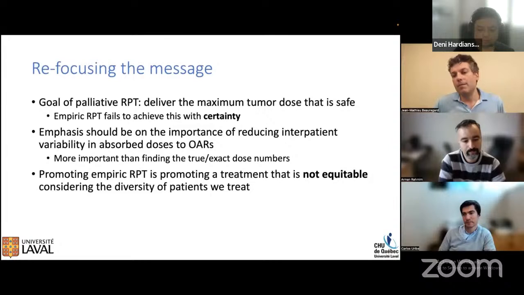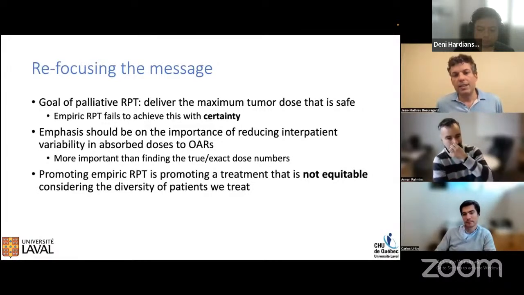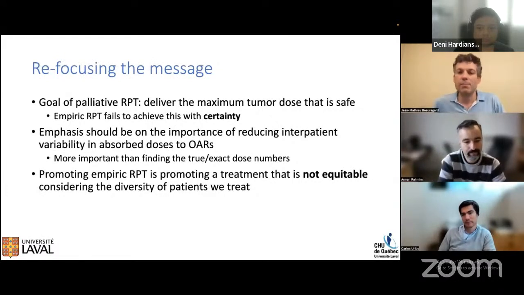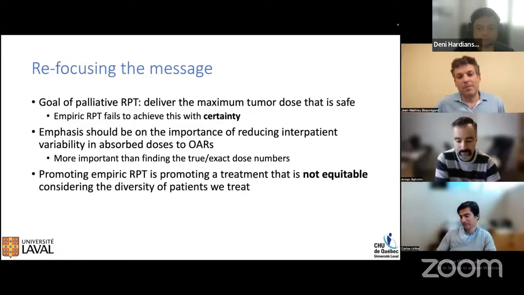Giving fixed activity, considering this interpatient variability, does not allow us to give the maximum tumor dose that would maximize the likelihood of clinical benefits from radiopharmaceutical therapy.